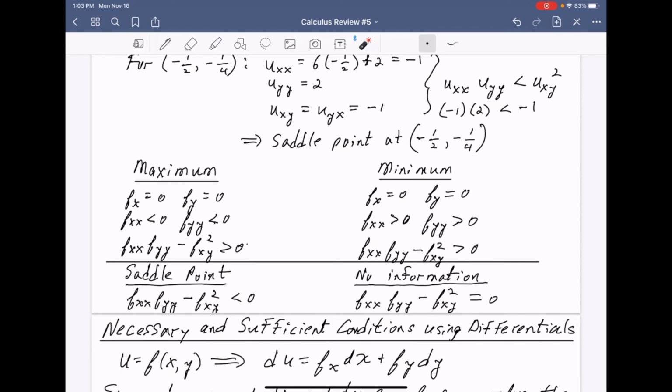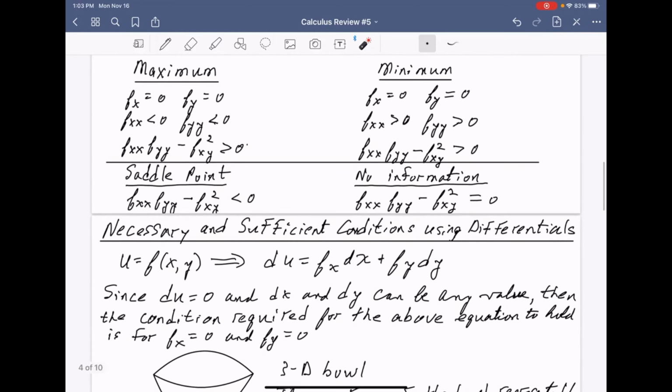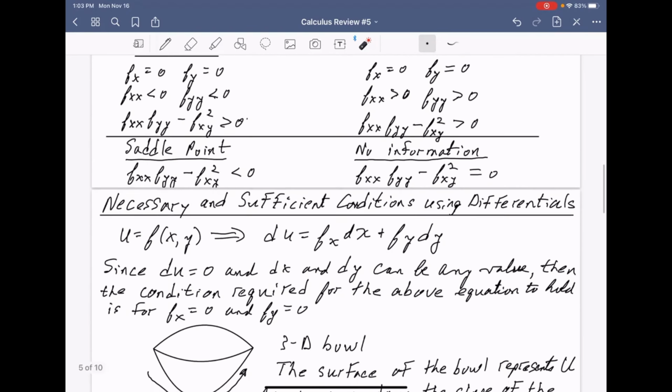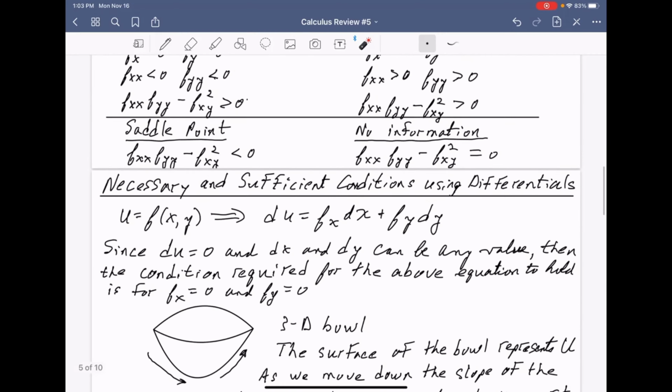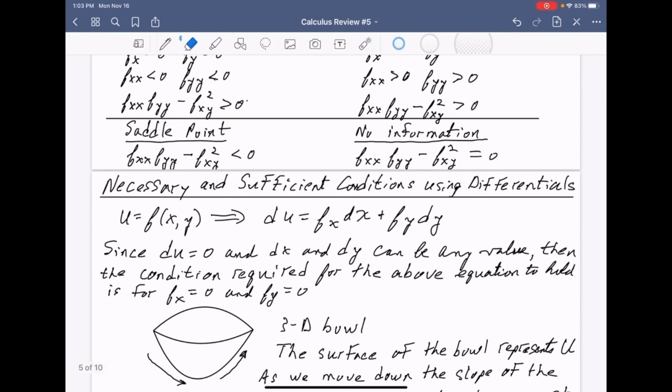We can show that a little bit in a diagram later on. I may have even shown it in a previous diagram, where you get a function that comes up like this and like that, and then this point here is the point where you have no information.